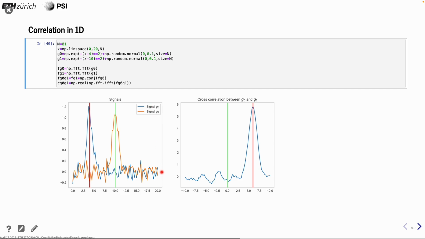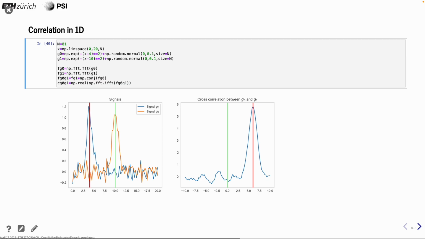The result is a central peak which has a displacement from 0 by the position that I actually added. These were shifted by 6 points, and actually I get a nice peak at +6.